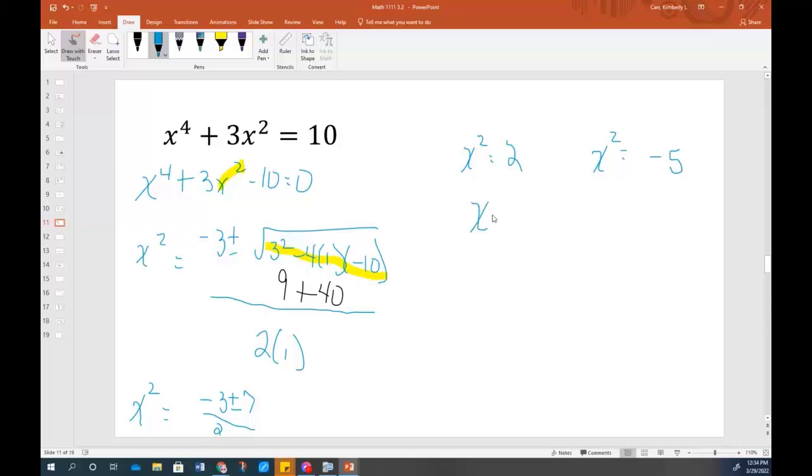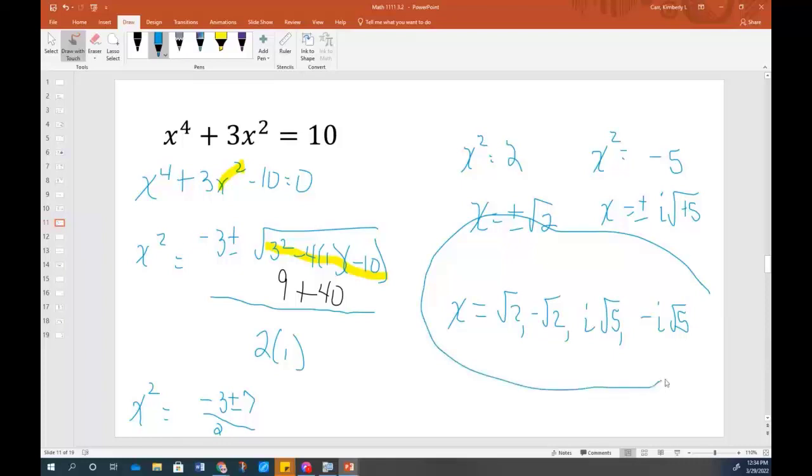Now we take the square roots, so I get plus or minus the square root of 2 and plus or minus the square root of negative 5. But of course, because of the negative, I will take an i out. So I again have 4 solutions. I have the square root of 2, the negative square root of 2, the positive i root 5, and negative i root 5. Okay?